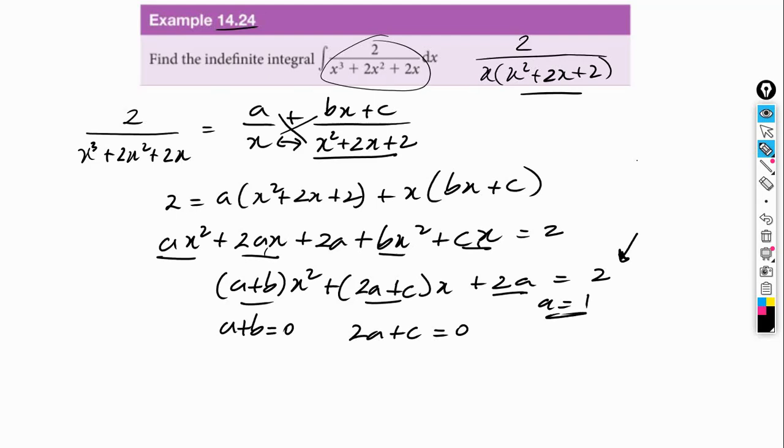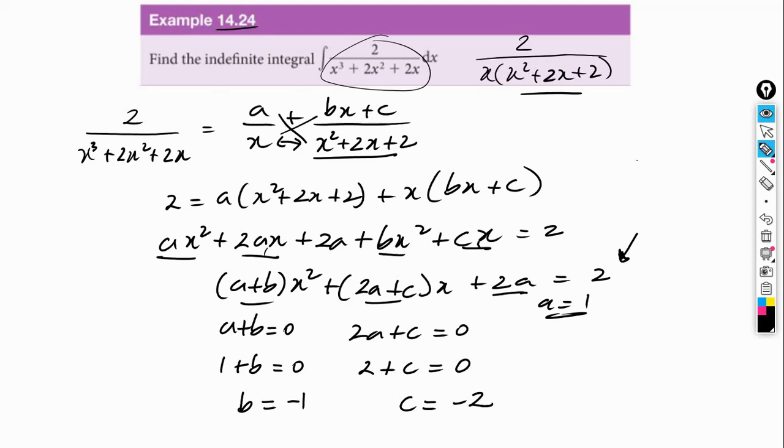But since we know the value of a, we can solve here for b, because 1 plus b is equal to 0. Therefore, b is equal to -1. And then here, we have that 2 times 1 is 2, so 2 plus c is equal to 0. Therefore, c is equal to -2.